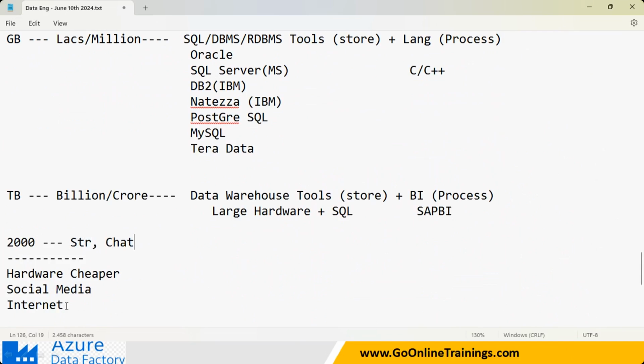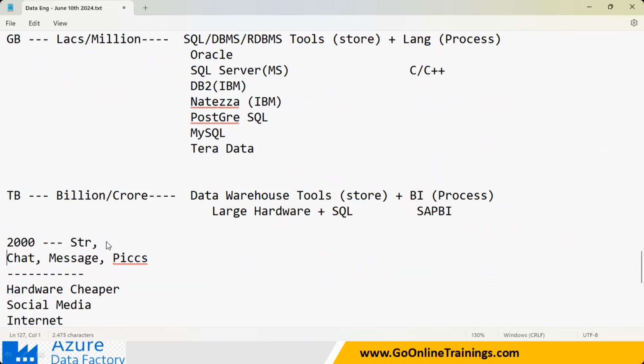When you chat on WhatsApp, or give feedback on Amazon.com, or chat with me on Facebook, that is a lot of chat data, right? A lot of messages, photos, pics, audio, and videos got created. So we have structured data, and after that we have a lot of unstructured data. This is what is called unstructured data, or semi-structured data.